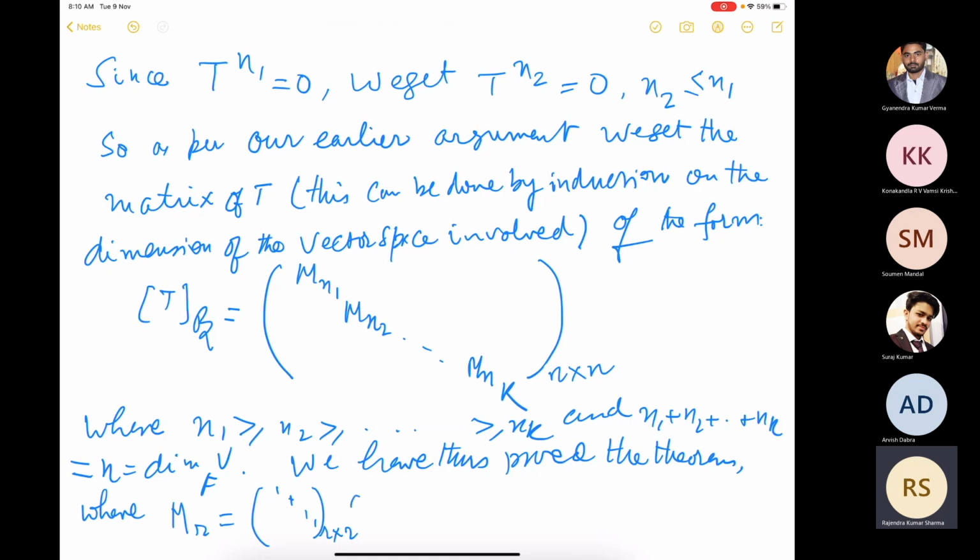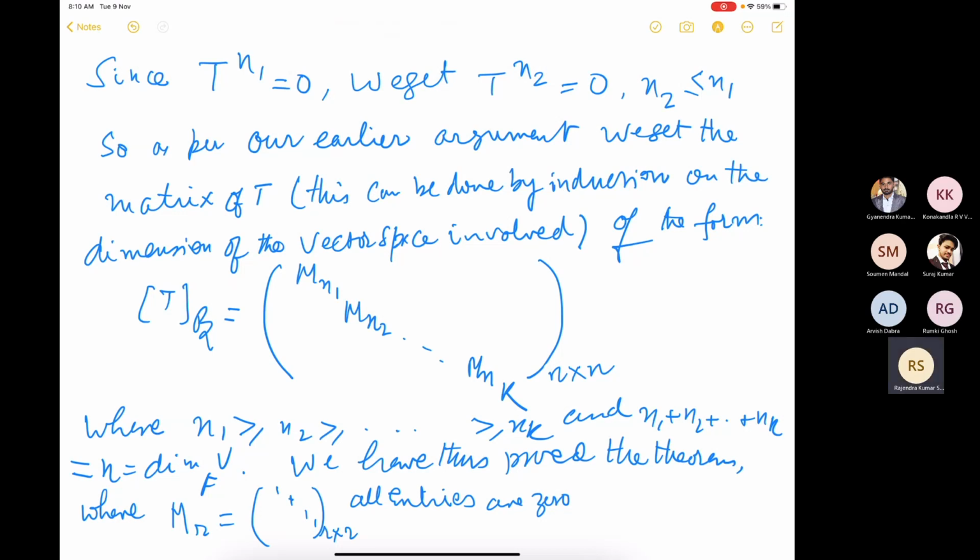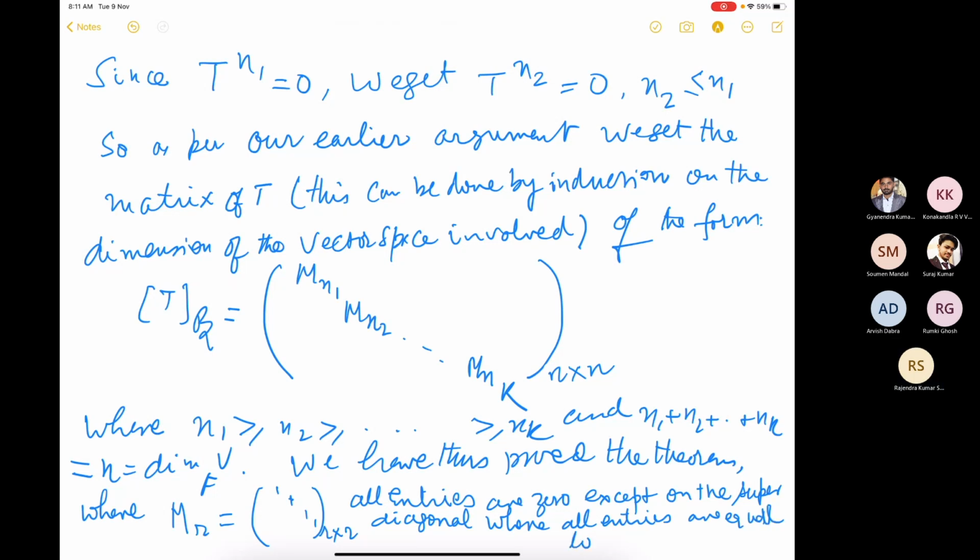So all entries are 0 except on the super diagonal, where all entries are equal to 1.